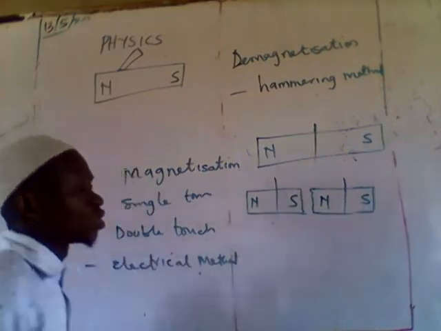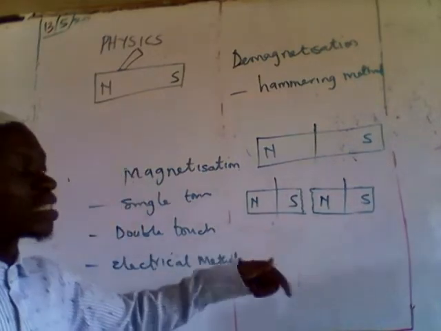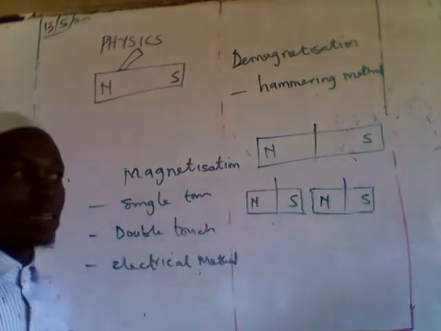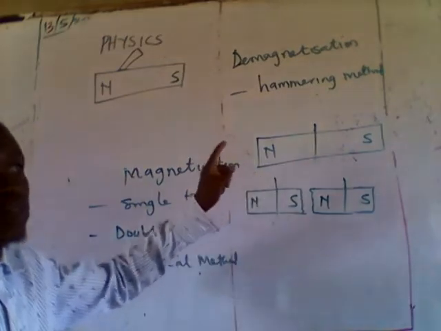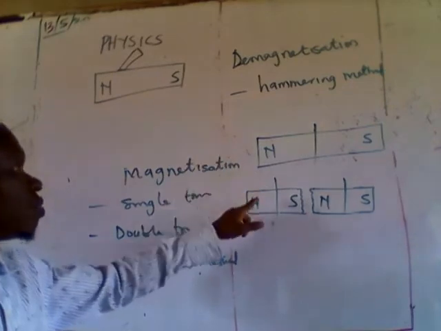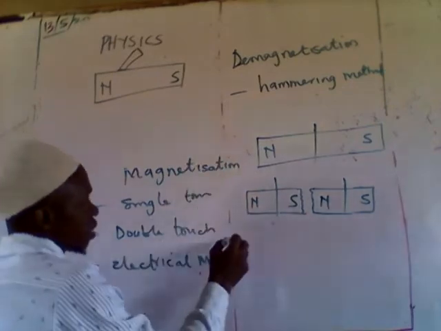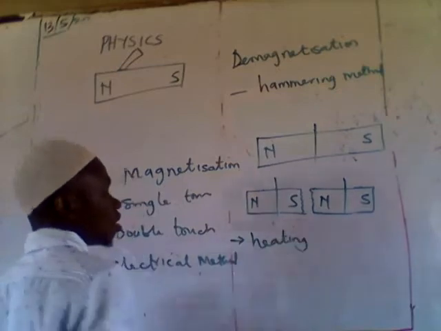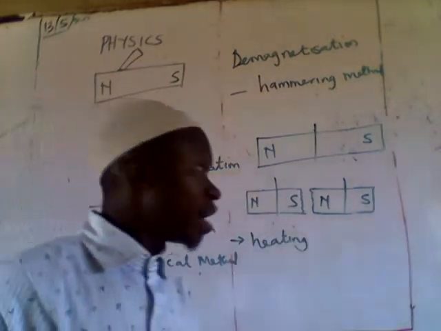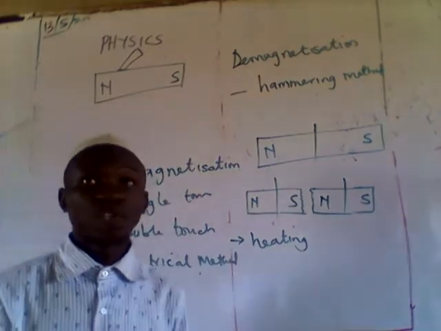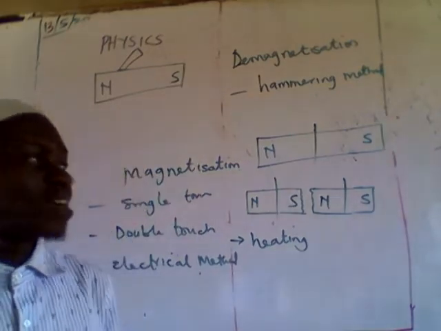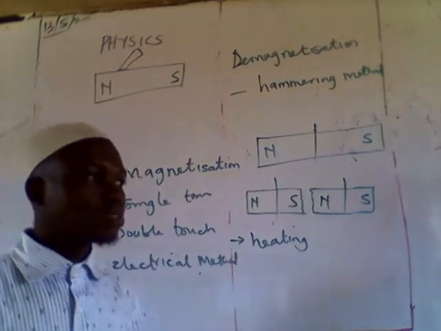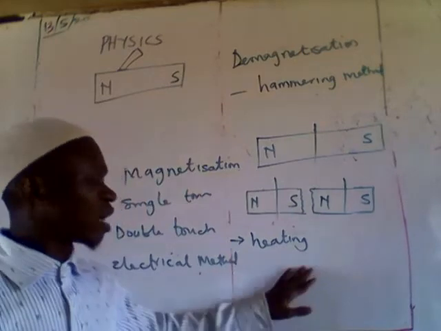As you are doing that, it will be reducing the magnetism of that magnet. So this is one of the methods of reducing the magnetism. The other method is by heating. If a magnet is placed in hot water, definitely the magnetism of that magnet will be extensively reduced.